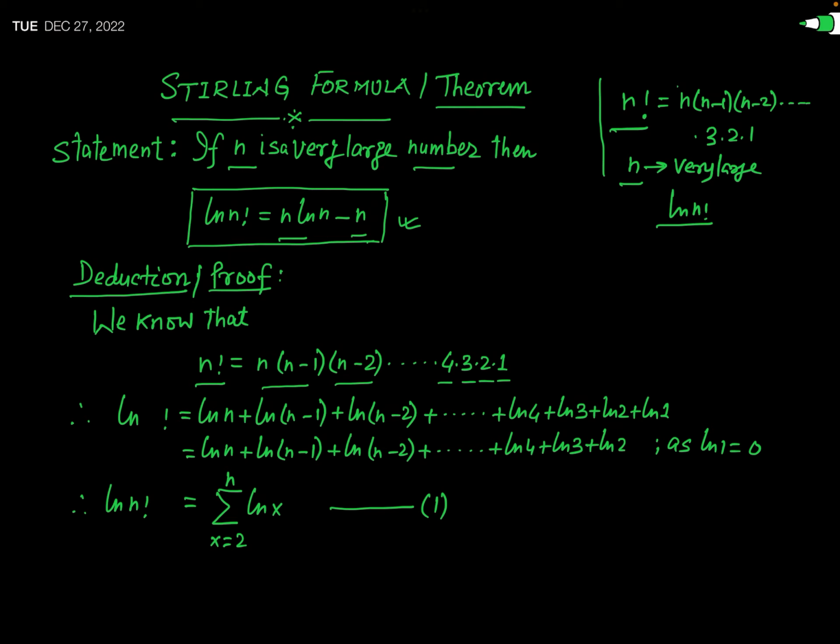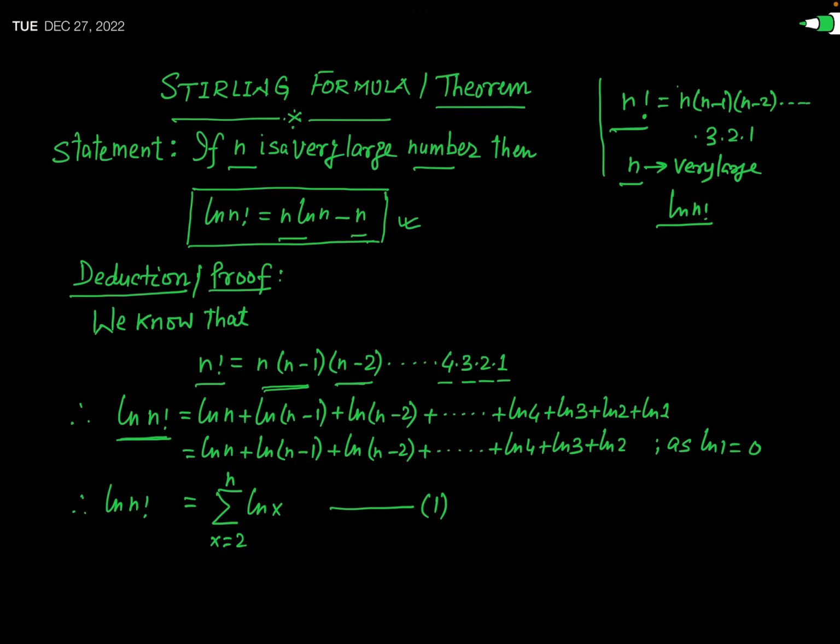As in Stirling's formula we have to evaluate log n factorial, let us find this log n factorial. Since n factorial is equal to n into (n minus 1) into (n minus 2) and so on, into 4 into 3 into 2 into 1, when you take its logarithmic value, you know that log of a times b is equal to log a plus log b.